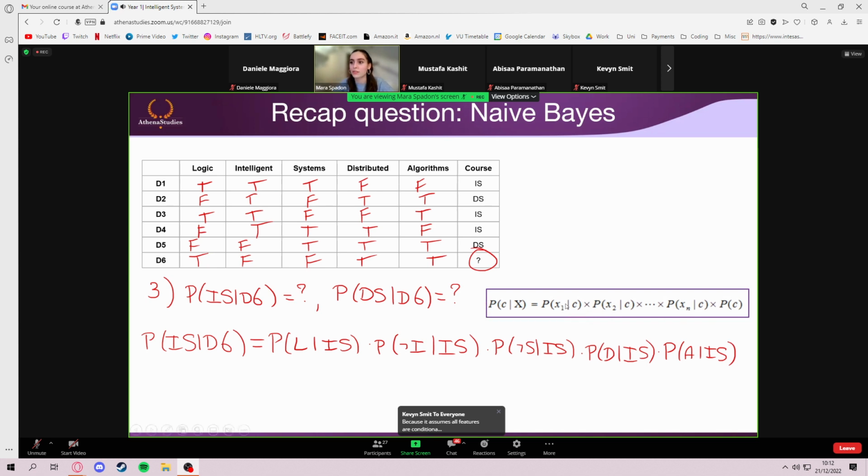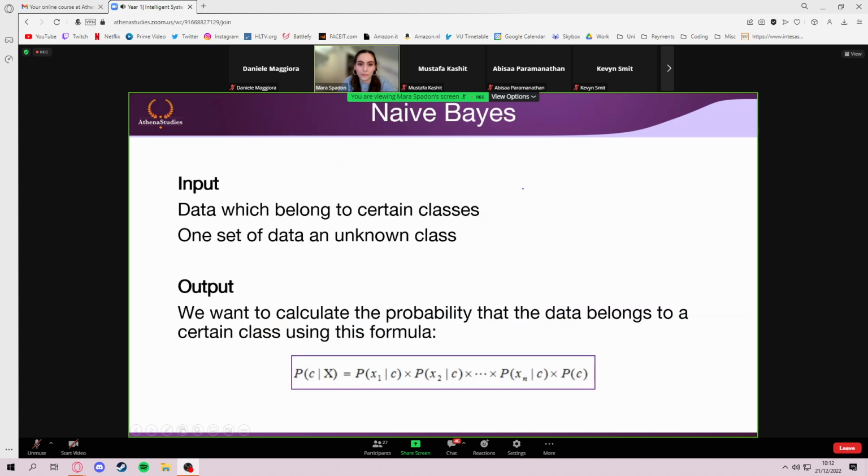So they're all based on the same thing. Why is it called naive? Because it assumes conditional independence. Exactly. So that is very important as well. Maybe I'll put that here. So why is it called naive?